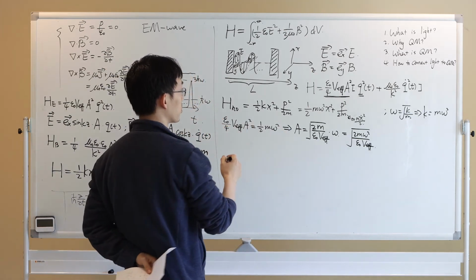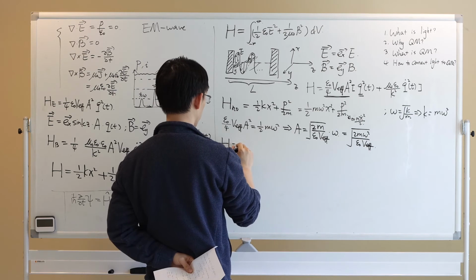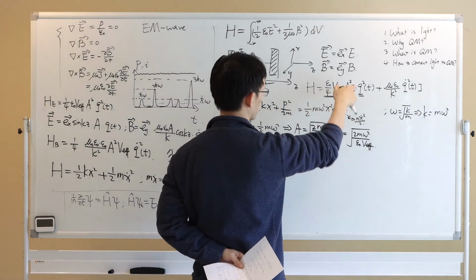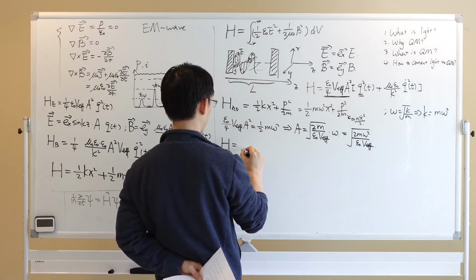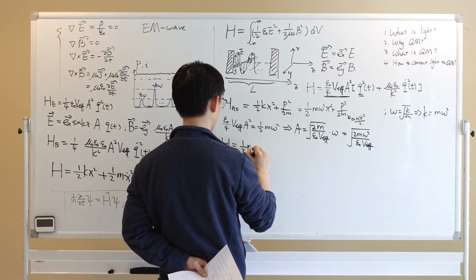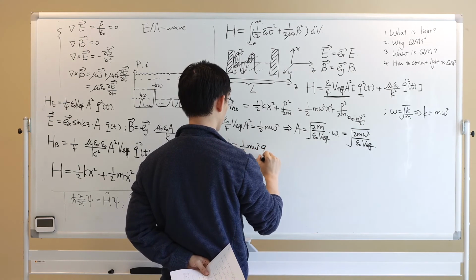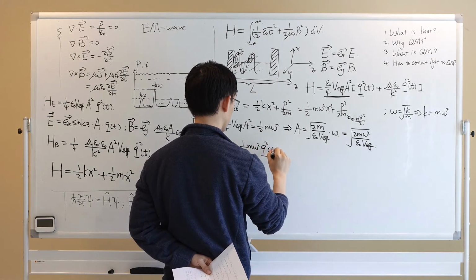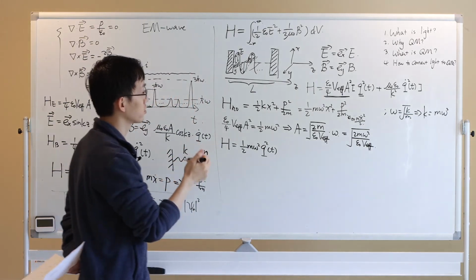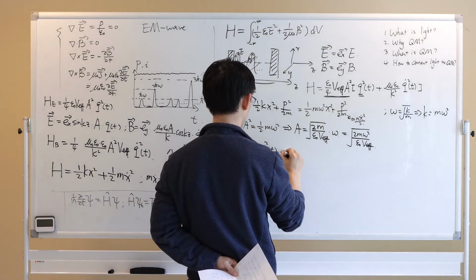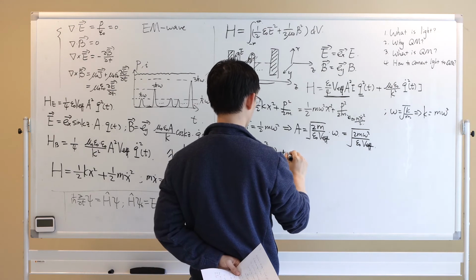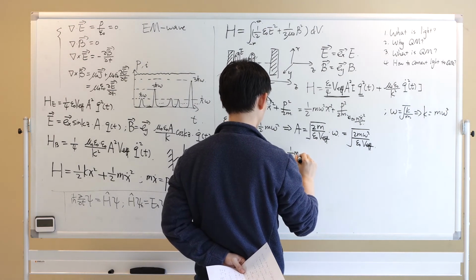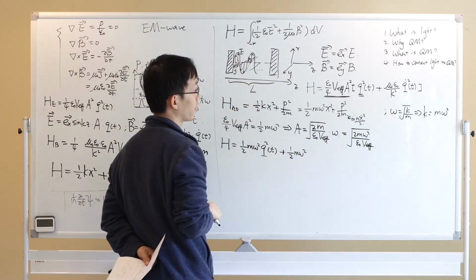So if we plug that in, H, the first term becomes m omega square q square t. And then the second term is m omega square. It's good to have m.